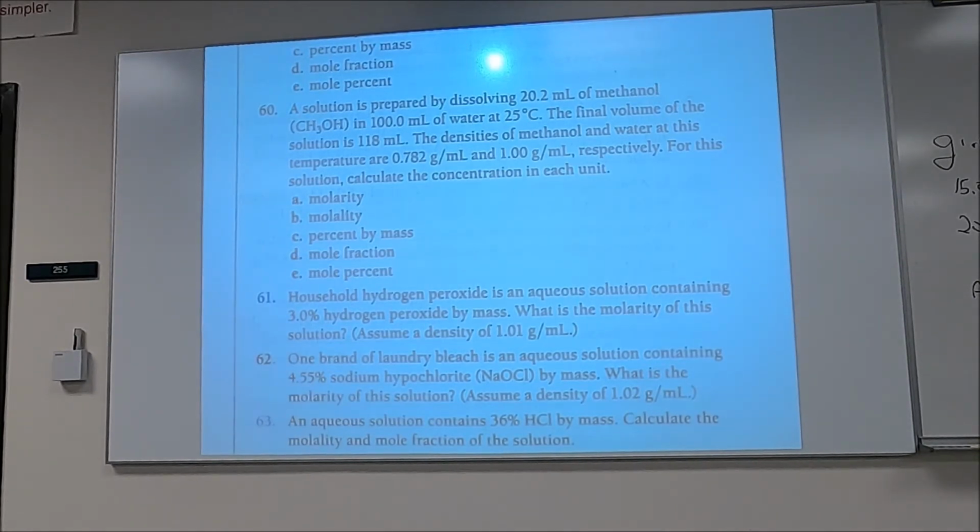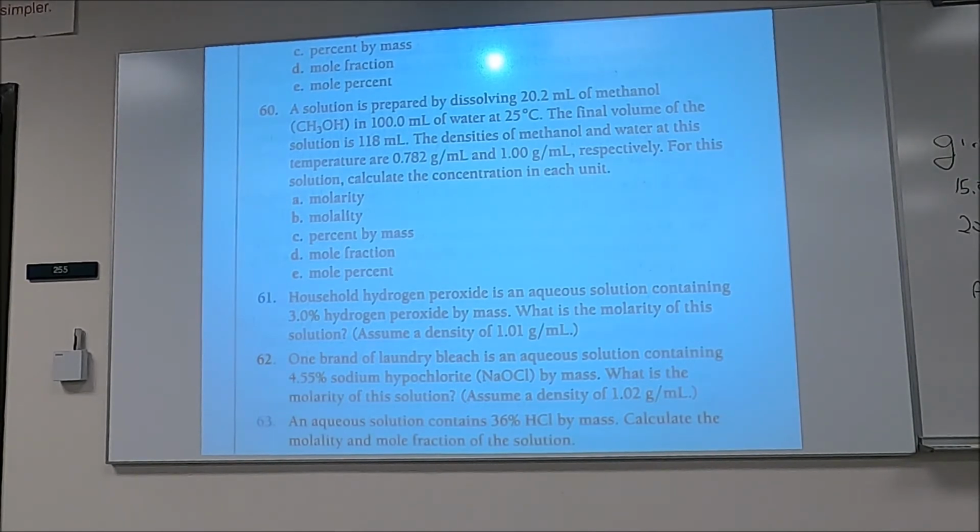It says a solution is prepared by dissolving 20 milliliters of methanol, CH3OH, in 100 milliliters of water at 25 degrees C. The final volume of the solution is 118 milliliters. Okay?